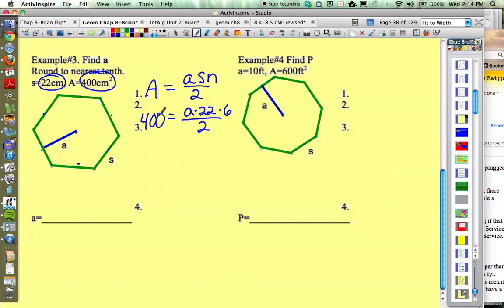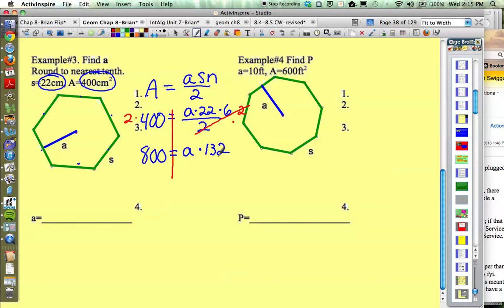Now it becomes a little bit of algebra. Just like we did before, we usually get rid of that denominator by multiplying. We're undoing the division by multiplying both sides by 2. So 2 times 400 is 800, which is equal to a times 22 times 6. 22 times 6 is 132. We already got rid of the 2 in the bottom.